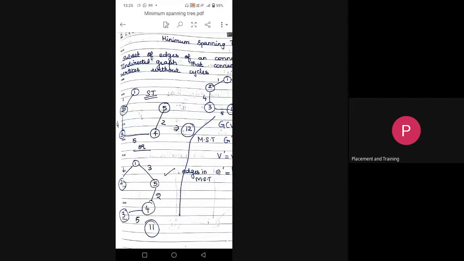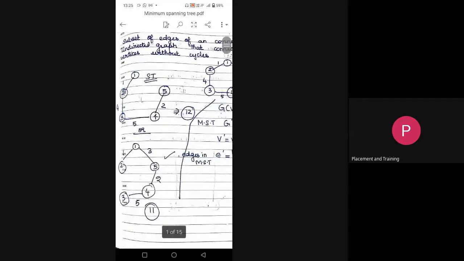This is one. Another person comes and draws the spanning tree. For the second one, maybe he doesn't want the edge between 2 and 3, and when I find the total distance, I have only 11. When I compare 12 and 11, my 11 is the shortest distance, at least by 1 kilometer.